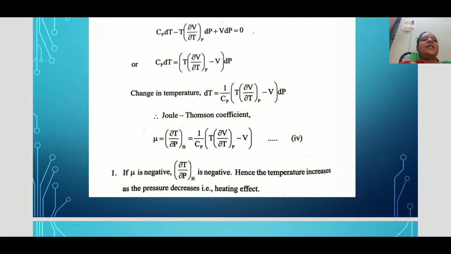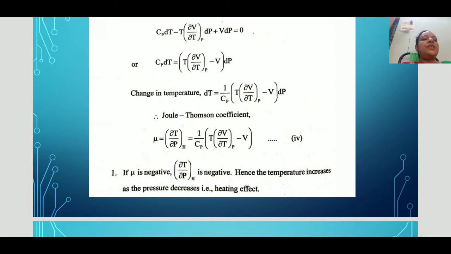So this ends the Joule Kelvin effect derivation, but this equation can be written as, by taking this dP to the left side, dou T by dou P at constant H. H means enthalpy remains constant in the Joule Kelvin effect.